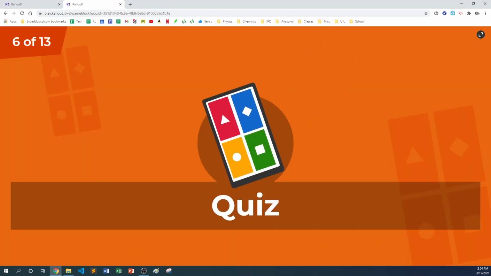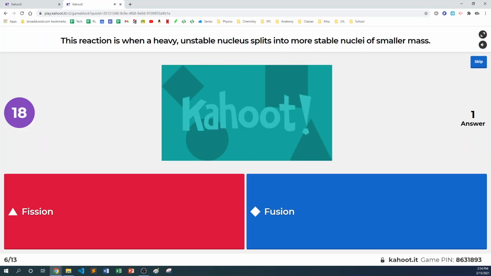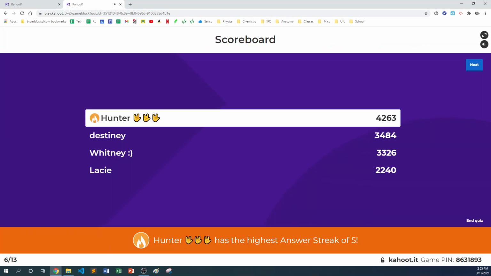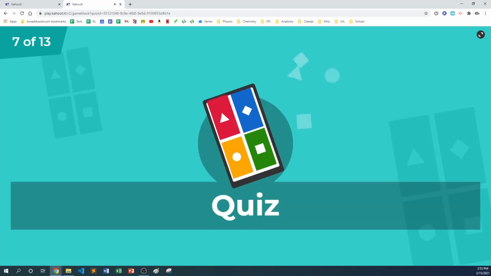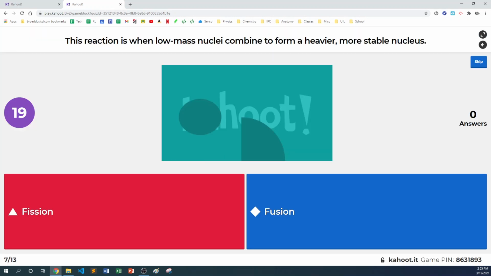You got one right. Same, but I'm smart. This reaction is when a heavy, unstable nucleus splits into stable nuclei with smaller mass. Nope. Why did I do that? It'd be fission. That is the other one. I think I get this. This reaction is when low mass nuclei combine to form a heavier, more stable nucleus.